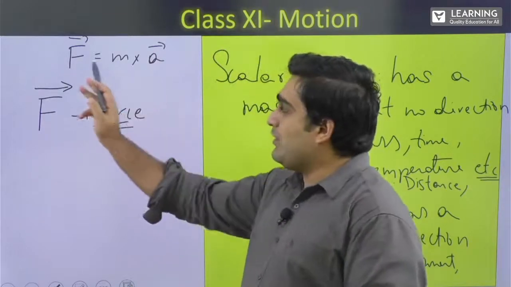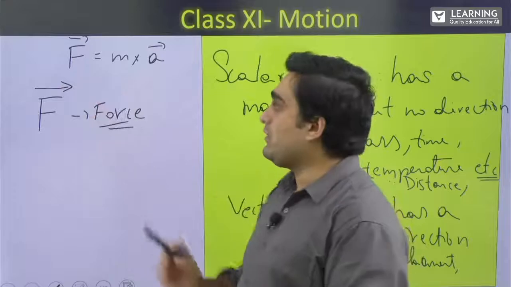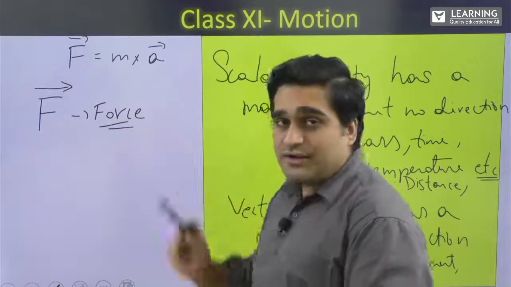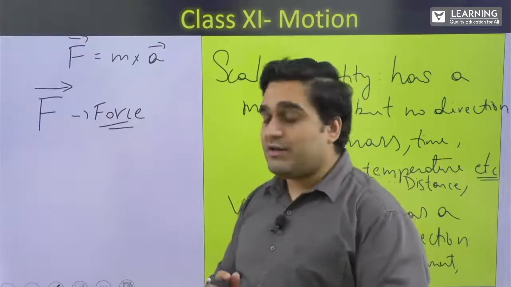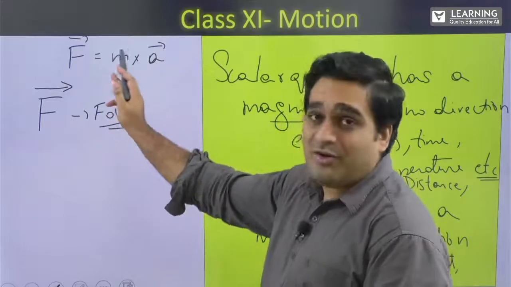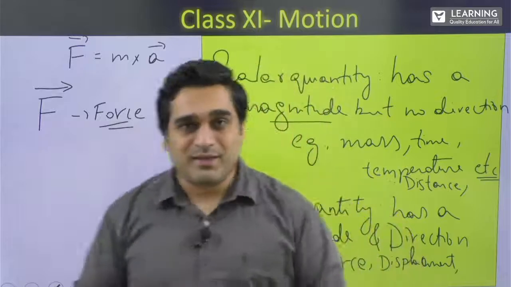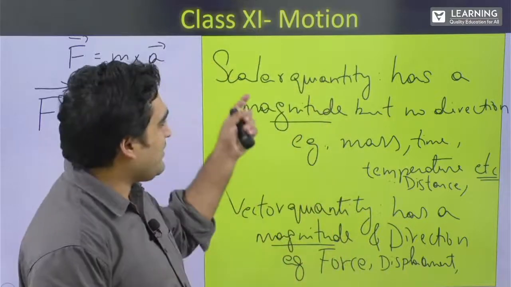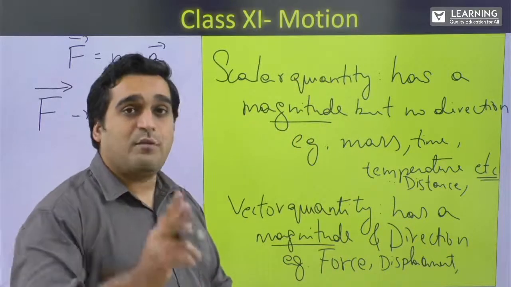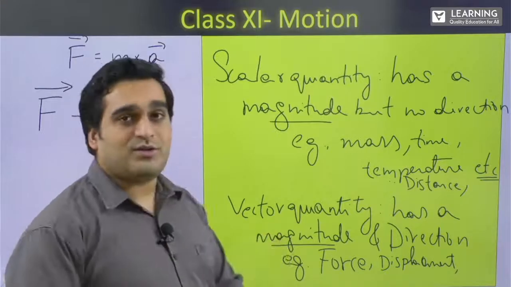You see, you have a force, which is a vector quantity, acceleration, which is also a vector quantity, mass has no arrow overhead. So what type of physical quantity is it? Option A, is it a scalar quantity? Option B, is it a vector quantity?